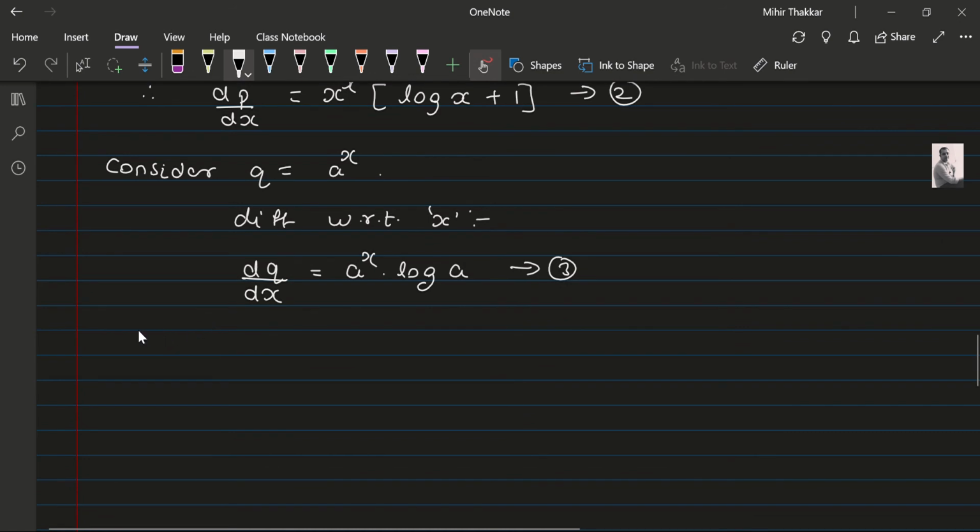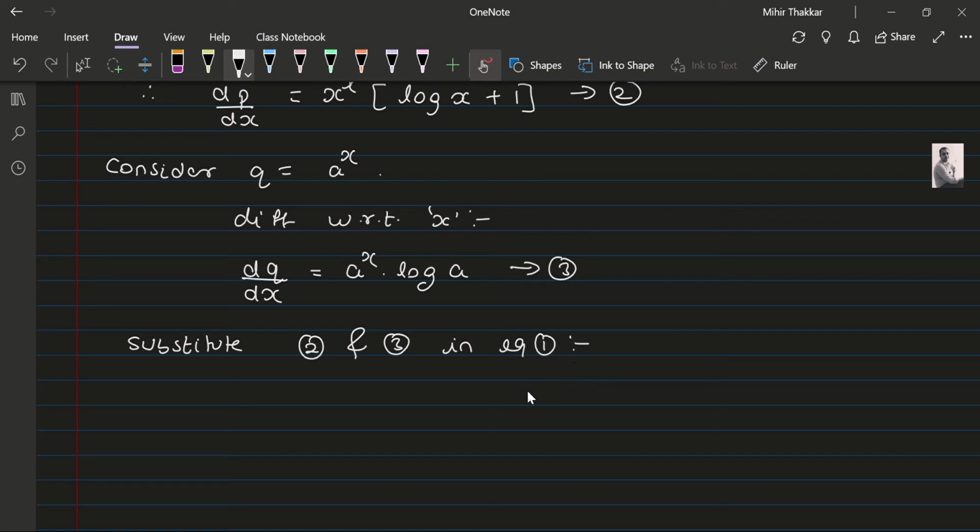In order to get the final answer, we substitute 2 and 3 in equation 1.